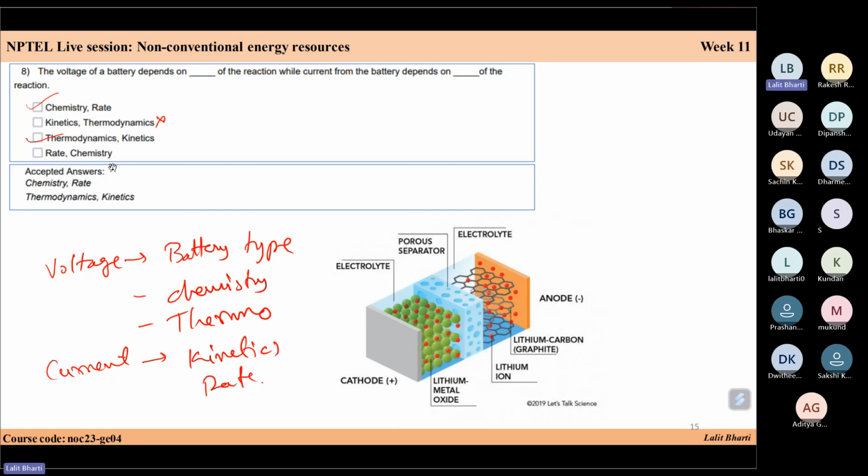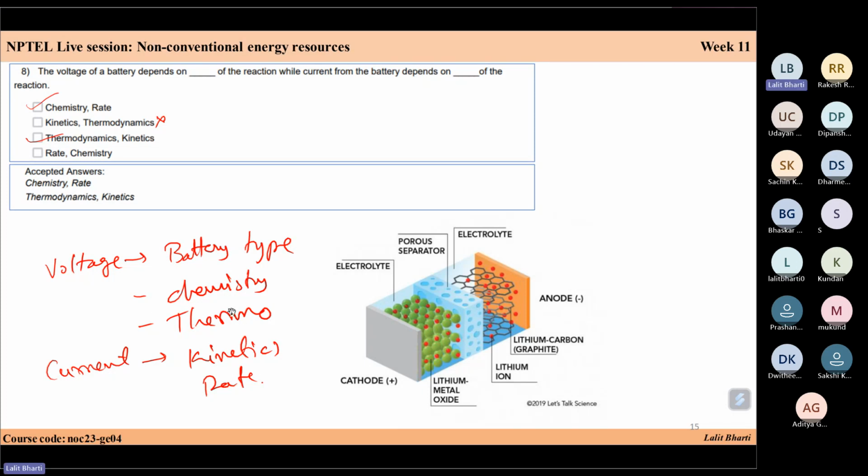We have already discussed that voltage is dependent on the type of battery, which type of material is there, which type of chemistry is used, and what the thermodynamics is. Means if you have a lithium based battery, lithium ion batteries, the voltage will be different. If you have sodium ion batteries, or let's say aluminum ion batteries, your voltage will differ based on the type of your electrode.